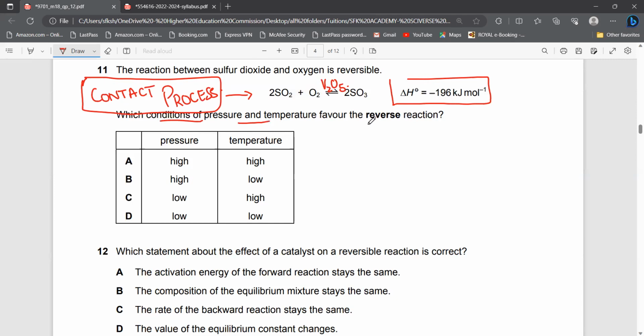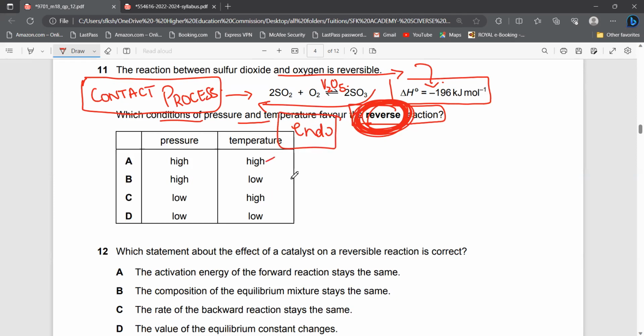Now, temperature and pressure conditions would favor the reverse reaction. Now, remember one thing: if the forward reaction is exothermic, the reverse has to be endothermic. And endothermic reactions are favored by high temperatures. What about the pressure?